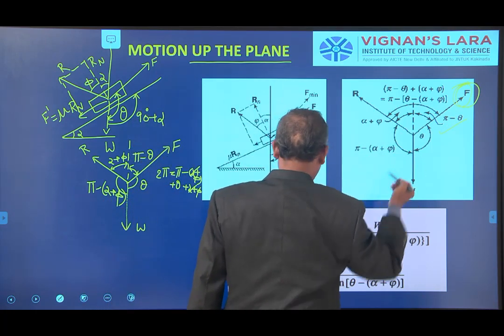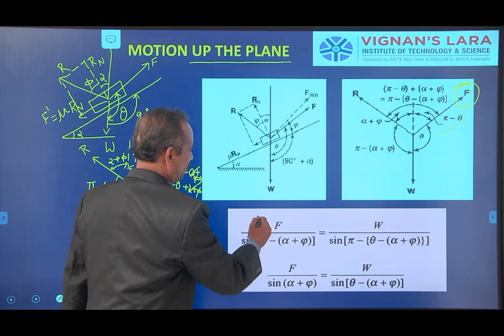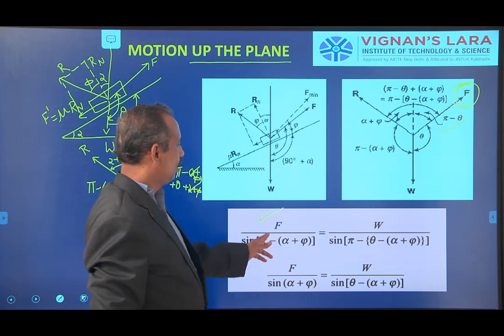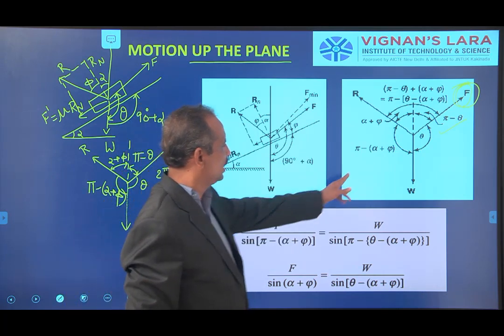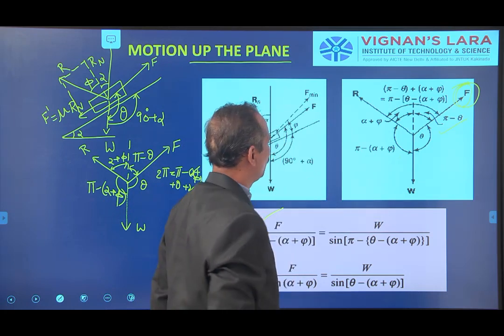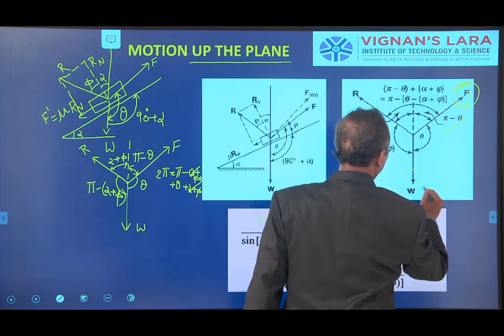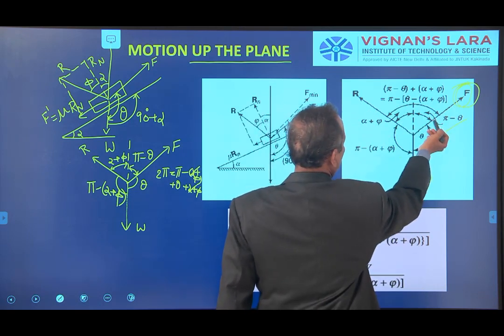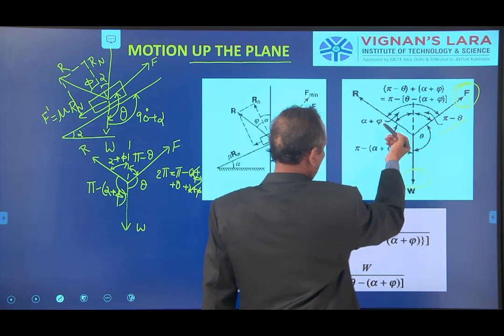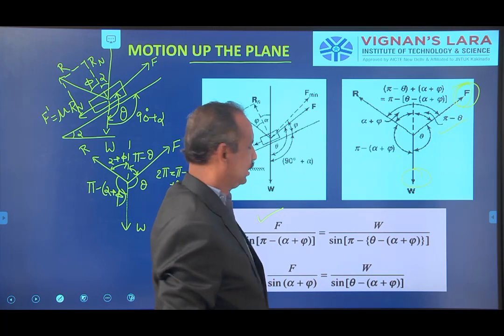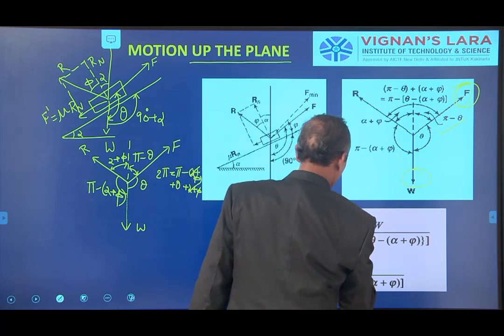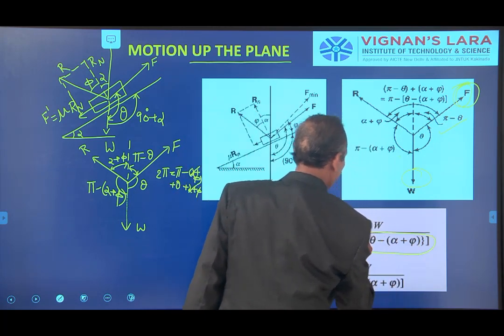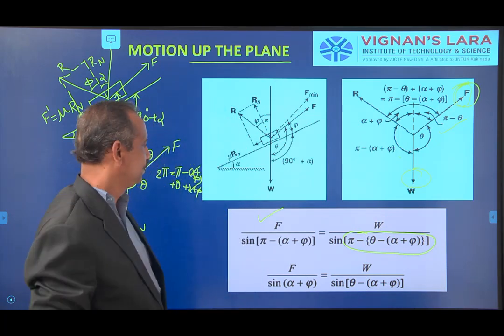This is pi minus (alpha plus phi). So F is opposite to pi minus (alpha plus phi). Then W, what is its opposite angle? If you add these two, that is pi minus theta plus alpha plus phi, then it gives pi minus of theta minus of (alpha plus phi).